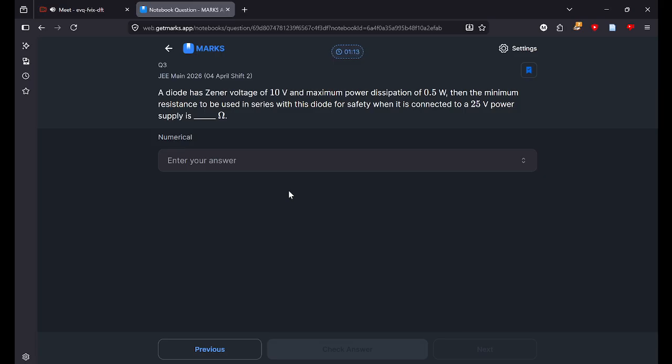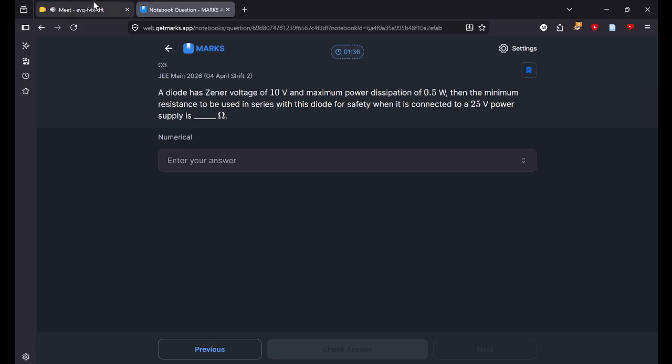Here the idea is very simple. Power is given, the voltage is given, so our goal is to calculate the RS. In this case we will consider there is no load, obviously. This is the minimum case. If a load is there, then the value of RS will be a little bit lesser, but this is the safety case.